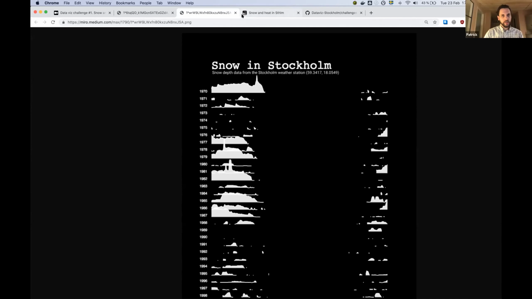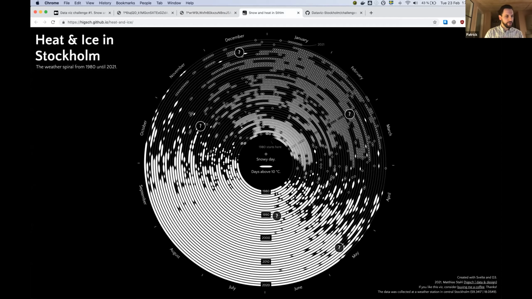Yeah. Then let's go for the one to the right here. That will be yours, Matthias. Could you tell us a little bit about the tools that you used? Yeah, sure. I have used Svelte, which is a front-end framework for writing JavaScript for the browser, because I wanted to have this interactive visualization with the labelings to explain some of the patterns, and also that it runs on mobile and desktop.